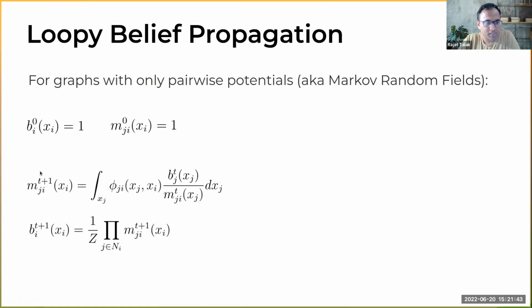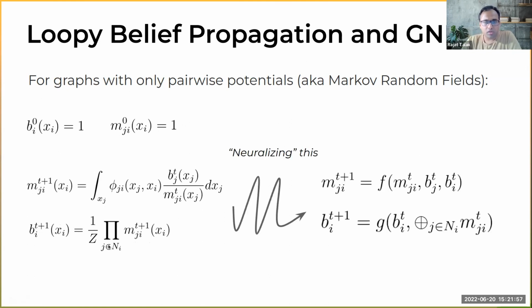For example, you would update the message using the belief at one of the nodes and the previous message, and the belief in the next iteration you would update by aggregating all the messages that are incoming to it.